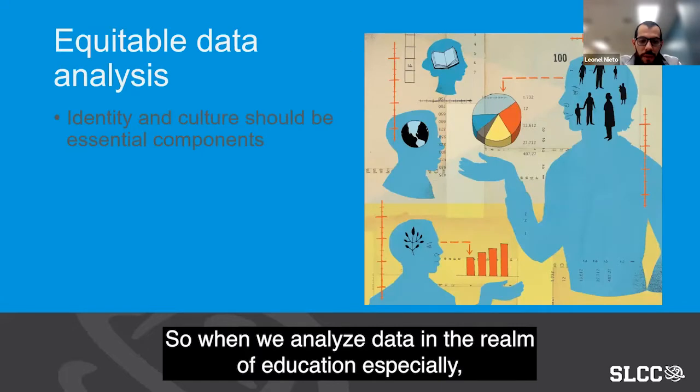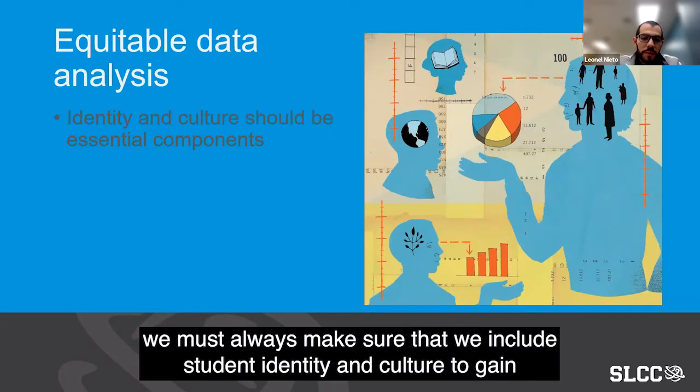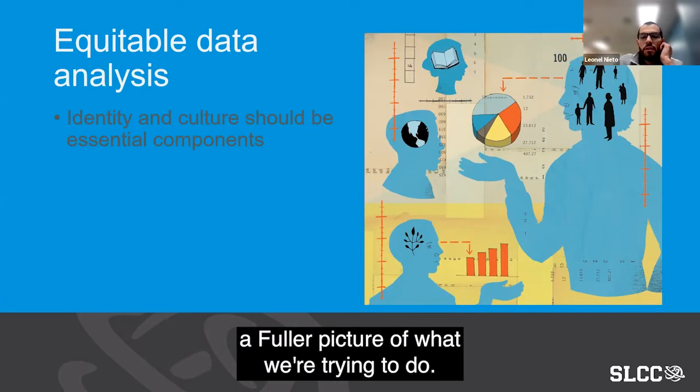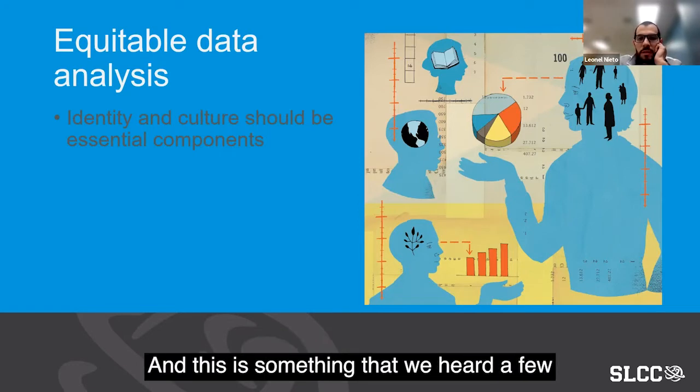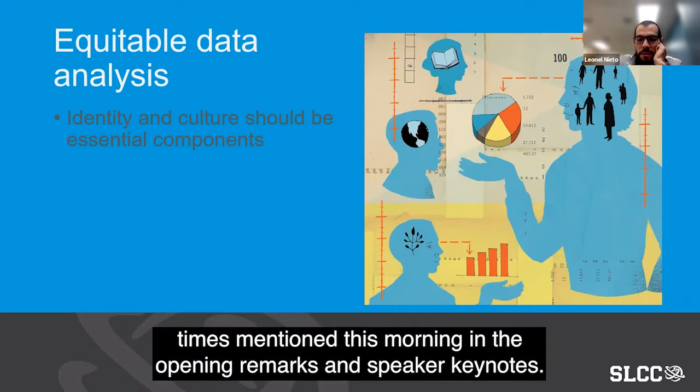So when we analyze data in the realm of education especially, we must always make sure that we include student identity and culture to gain a fuller picture of what we're trying to do. And this is something that we heard a few times mentioned this morning in the opening remarks and speaker keynotes.